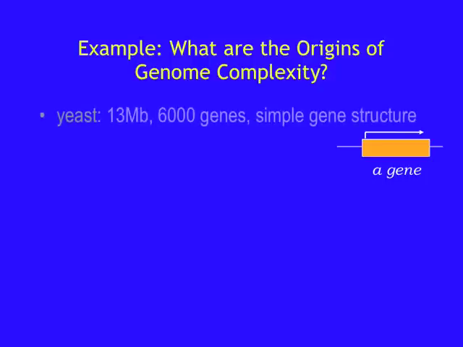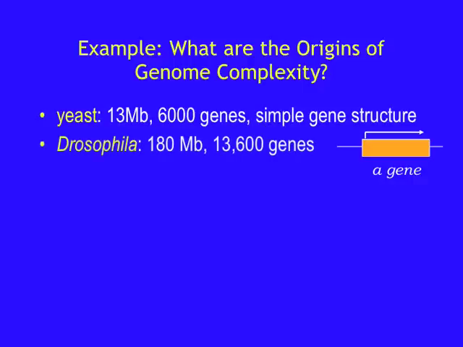However, as you go through the major achievements in genomics, first the sequencing of the yeast genome, about 13 million nucleotides in length, about 6,000 genes packed into that, virtually all of them in this very simple one-piece structure.